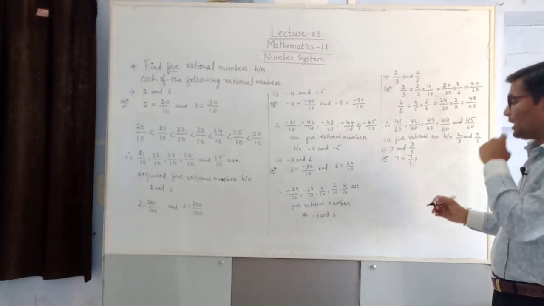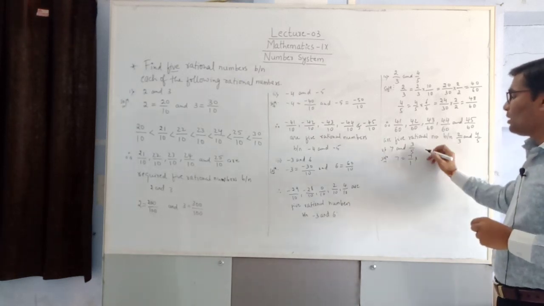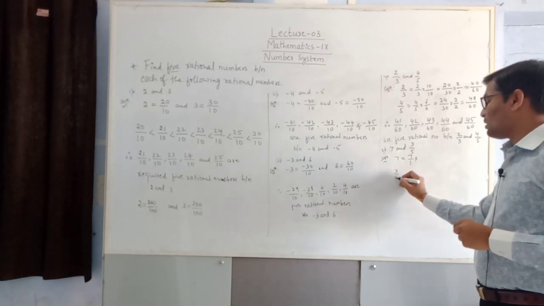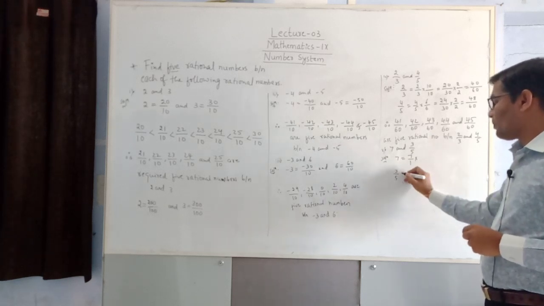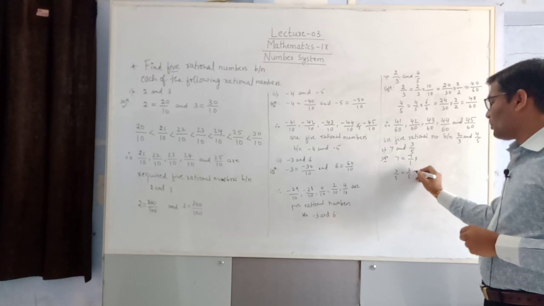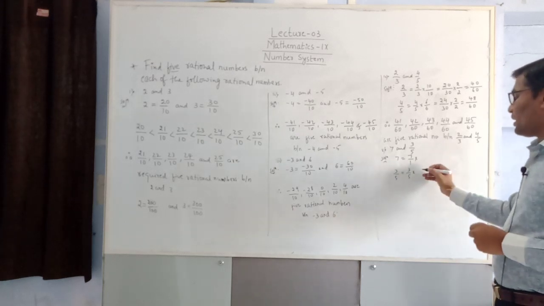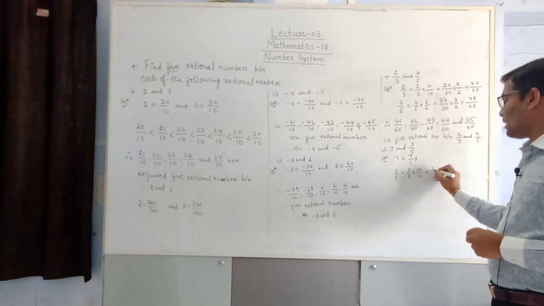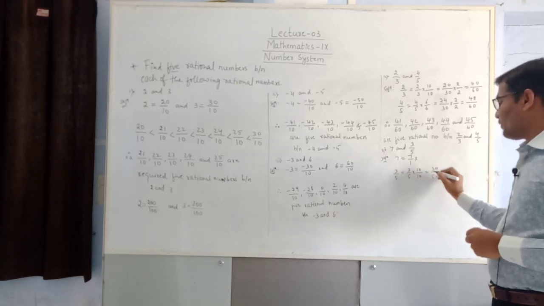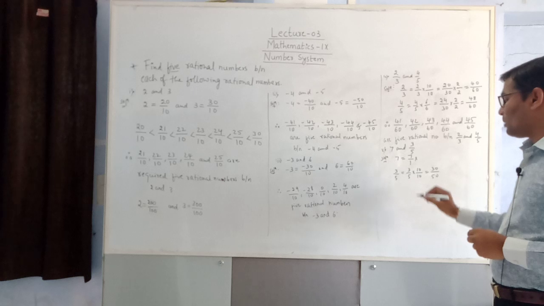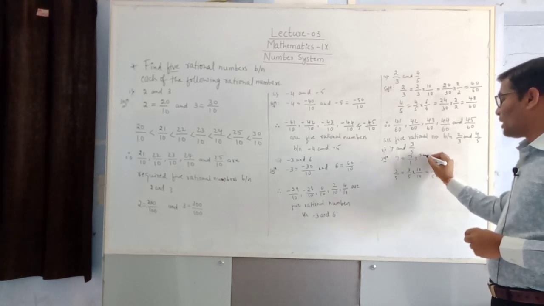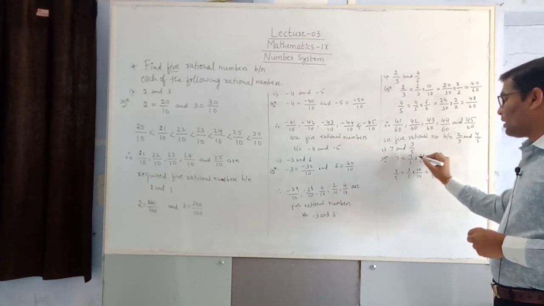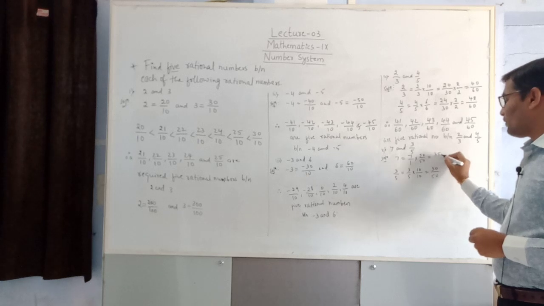Take 3 by 5 and the integer 7. Take 10 by 10: 3 tens are 30, 5 tens are 50. So convert the base into 50 and multiply 7 by 50 by 50: 7 fifties are 350, 5 ones are 50.